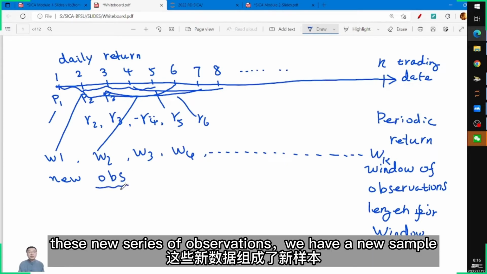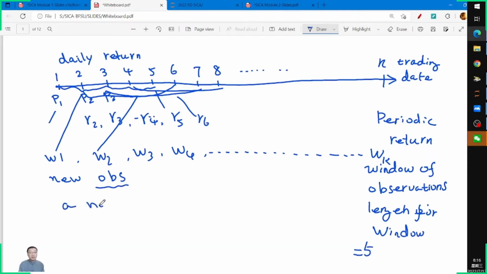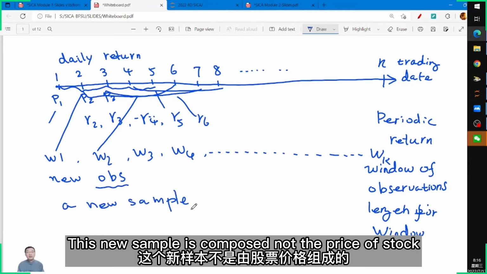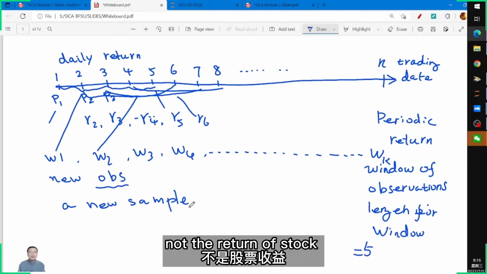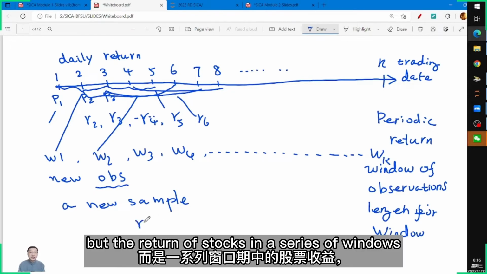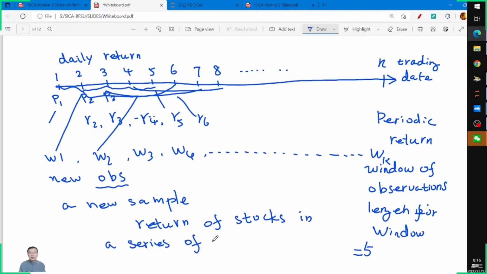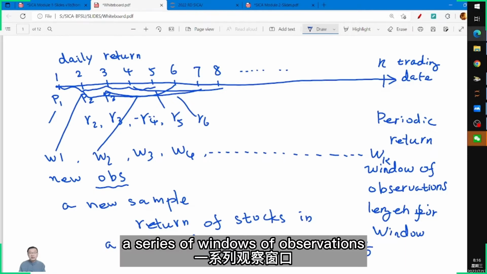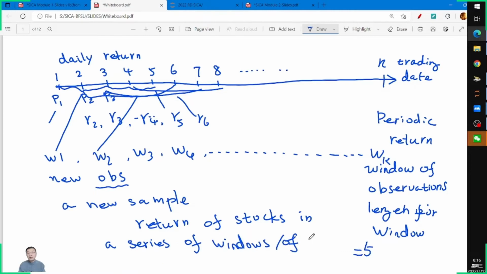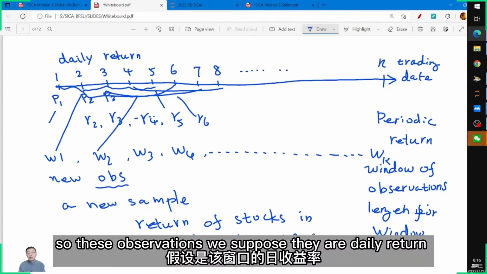And this new series of observations gives us a new sample. This new sample is composed not of the price of stock, not the return of stock, but the return of stocks in a series of windows of observations. So these observations, we suppose they are daily return.